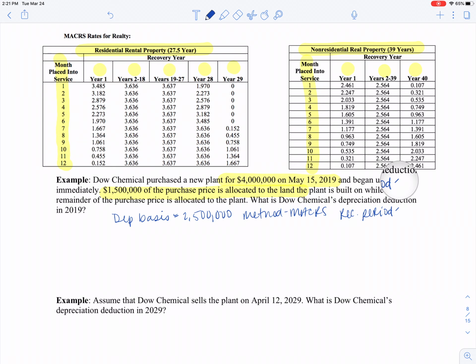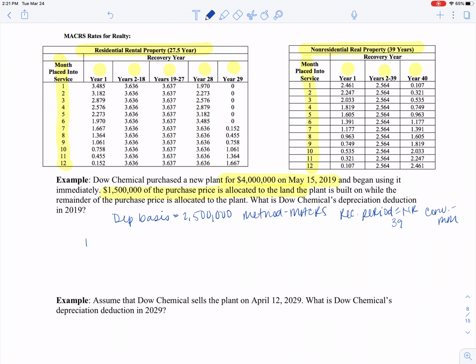It's a plant for Dow Chemical, so it's going to be non-residential. So it's a 39-year recovery. And then the convention is mid-month. Okay, so those are the 4 pieces of information we need in order to calculate depreciation.